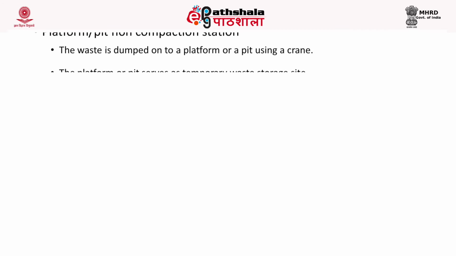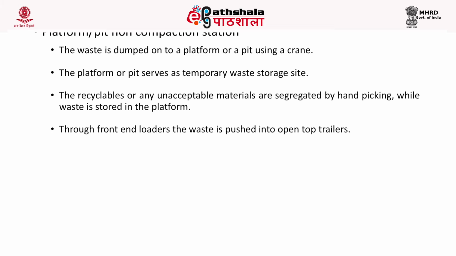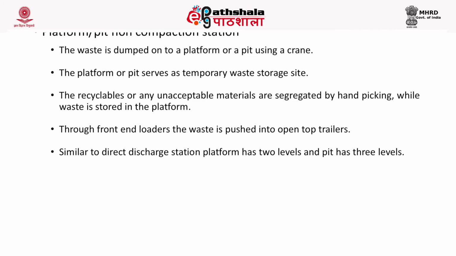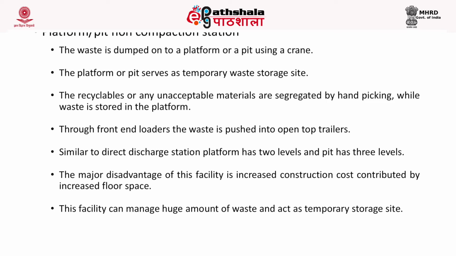Now, the second type, the platform or pit non-compaction station. The waste is dumped onto a platform or a pit using a crane. This platform or pit will serve as a temporary storage site too. The recyclables or any unacceptable matter are segregated by hand picking while waste is stored in the platform, and through the front end loaders, the waste will be pushed into the open top trailers.